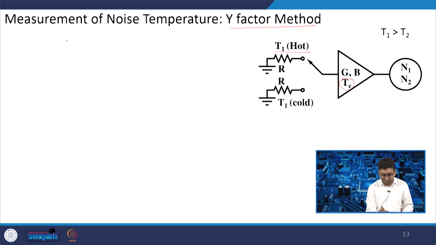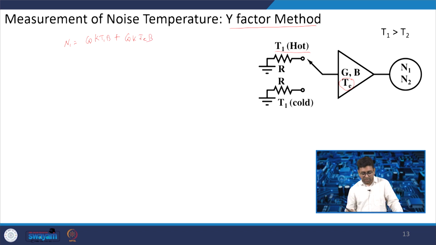You should write N1 equal to G K T1 B plus G K Te B, because this input temperature will also get the gain of G. Then you connect to another load that is at temperature T2, and that is the cold.